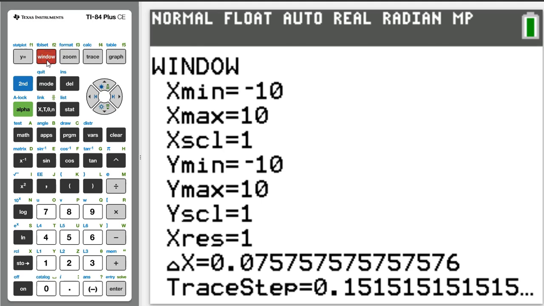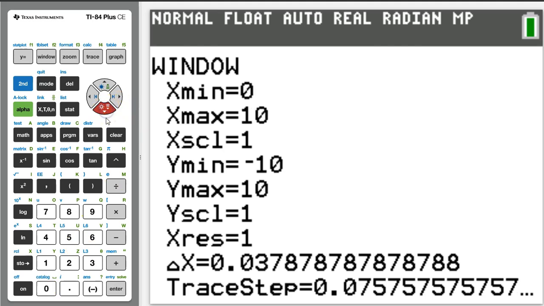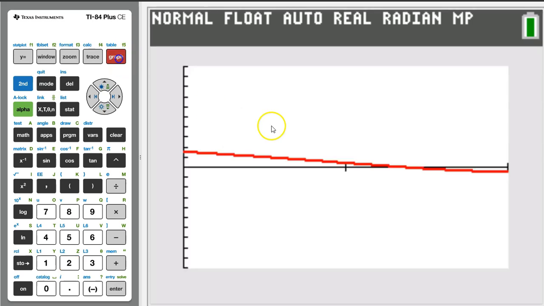So hit the window button and let x min be 0 and change x max to 2. By default, if you reset your calculator, then your y min is set to -10 and y max is +10. Let's leave it like this for the moment and hit graph and see what we've got.